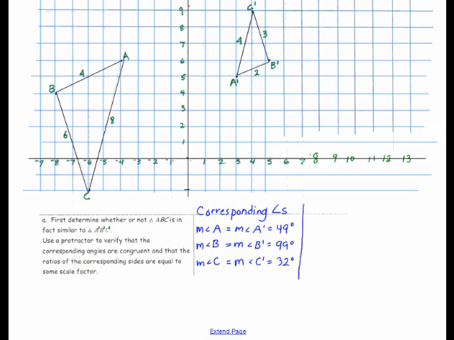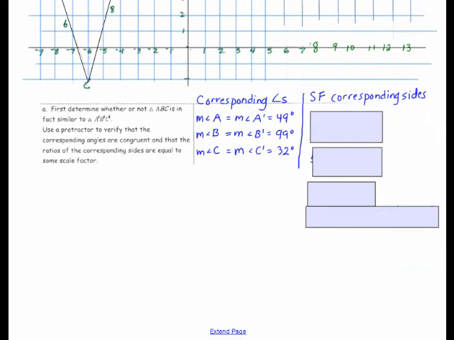Then check your scale factor for the corresponding sides. Pause the video and complete this process. The scale factor is the length of the dilated segment divided by the length of the original segment. So we have A', B' over AB, which is 2 over 4, which equals 1/2.